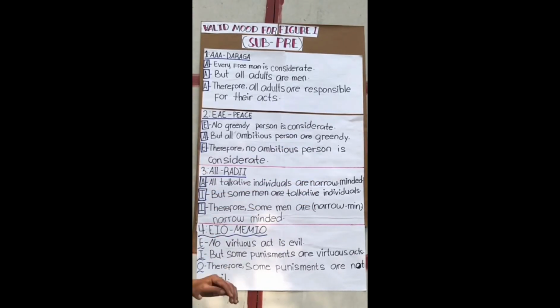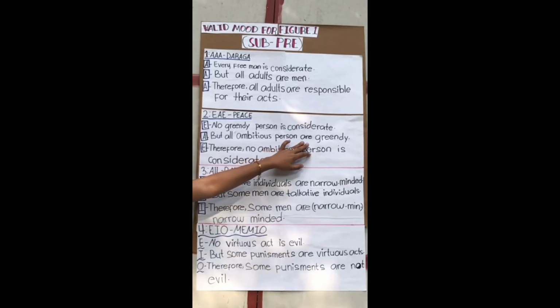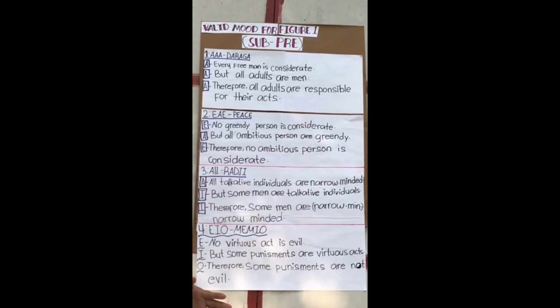Sa minor premises natin na but all ambitious person are greedy. So, nilalahat mo. Lahat ng subject natin is predicate. Lahat ng ambitious person is greedy. Dito na naman sa conclusion natin, no ambitious person is considerate.